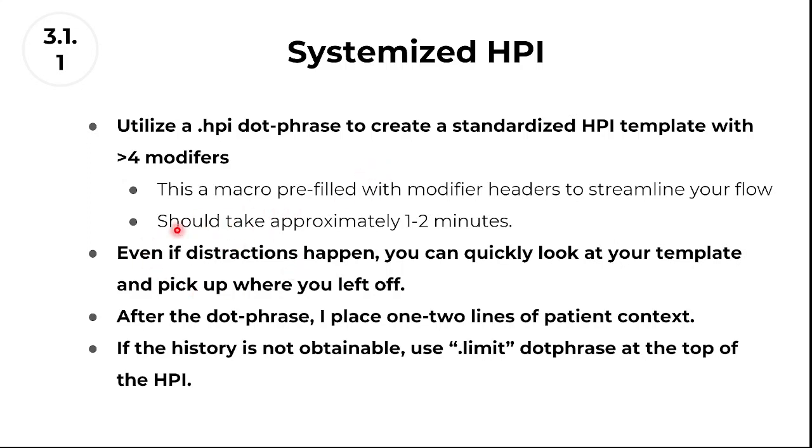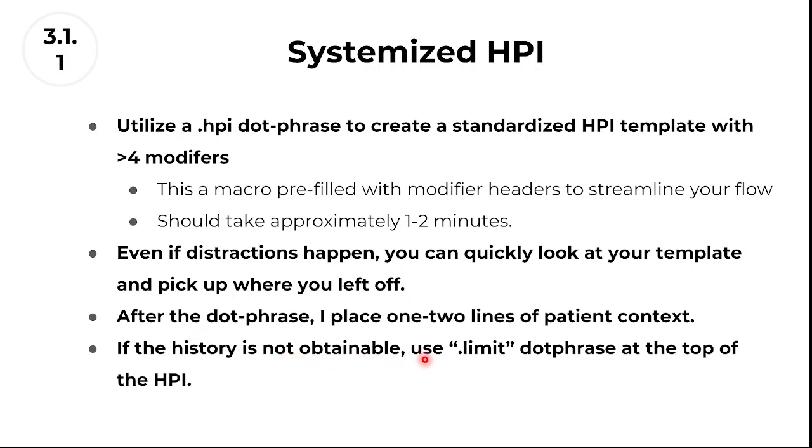That way, even if distractions happen, you can quickly look at your template and pick up where you left off. Your template is memorized and you know where it is. This is what I was mentioning earlier that will help you avoid writer's block, because when you have a systemized HPI, when you have a systemized MDM, you will be able to easily get through it, even with some minor distractions, okay?